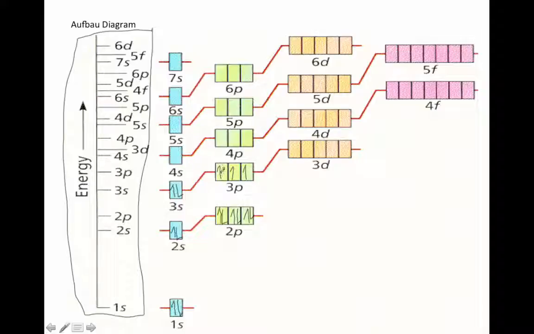Again, I'm putting one electron in each orbital on the same sublevel, all having the same spin before I start to pair them up. 16, 17, 18. If we were to stop now, we would be at the element argon.